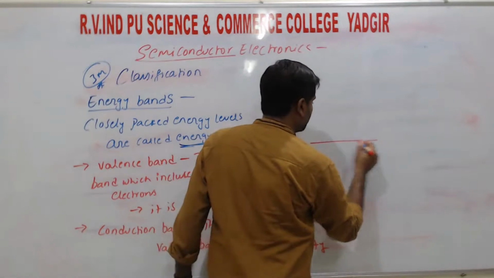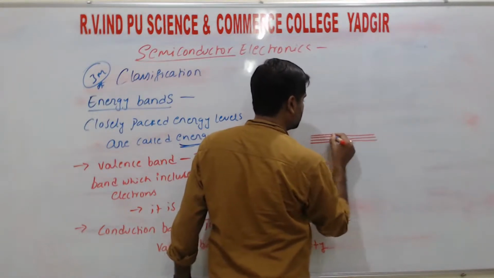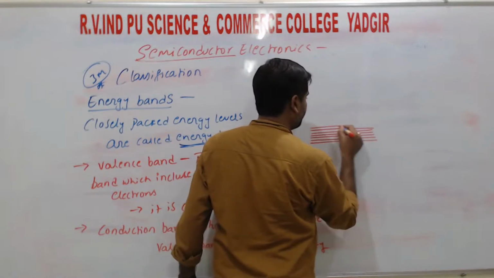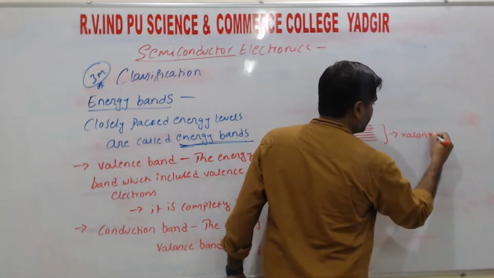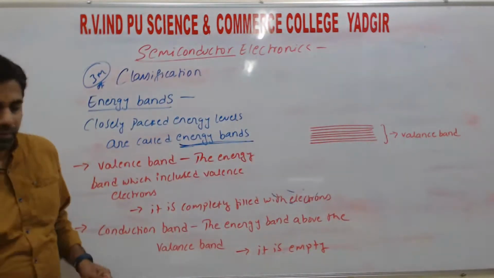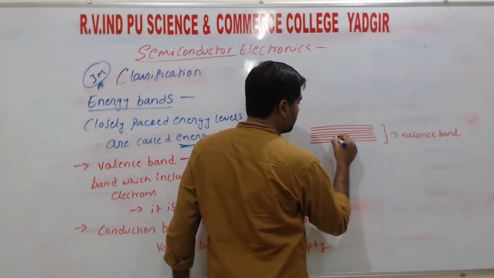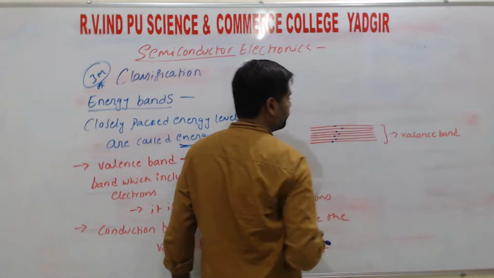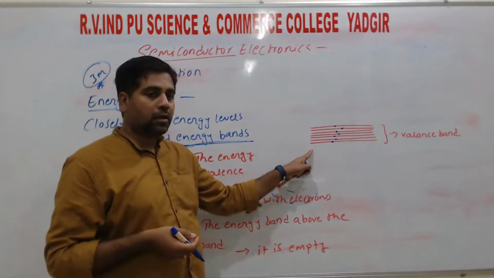These are the energy levels which are closely packed. So this band is called the valence band. In the valence band, almost all the energy levels are filled with electrons. So this one we call the valence band.